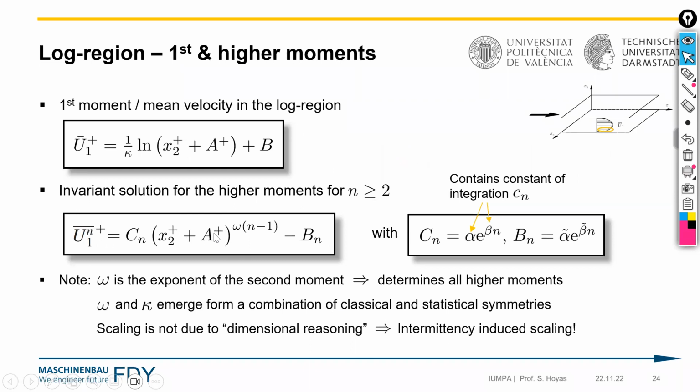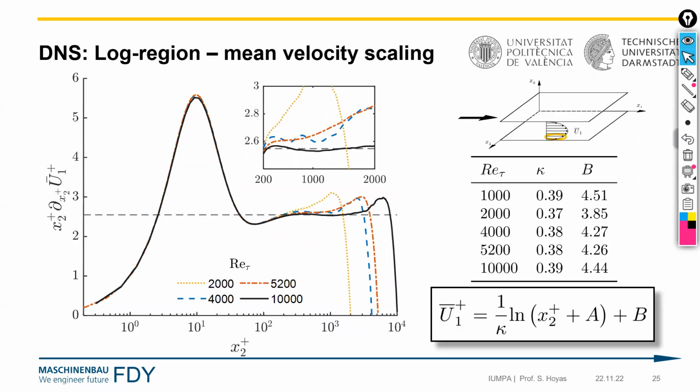Using our theory, we have found this value for the streamwise velocity close to the wall, but also for every higher moment. And most important, the first two moments are the most important here, because every other one is related to the first and second order moments. For example, you can see here the proof that our law is correct.